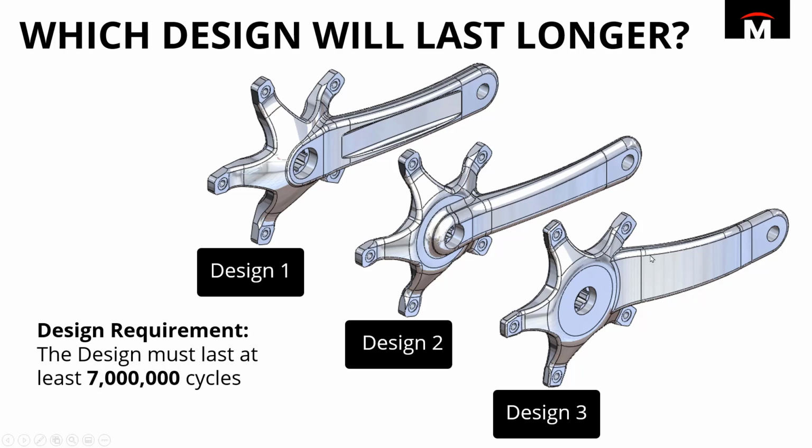And one that's quite a bit bigger, but it transitions more of that curve along the shaft. Now, the main design requirement for this is that it has to last at least 7 million cycles. Now, I'm not talking about cycles as in bicycles. I'm talking about 7 million times of this being loaded and unloaded, which equates to about the usable life of this bike.